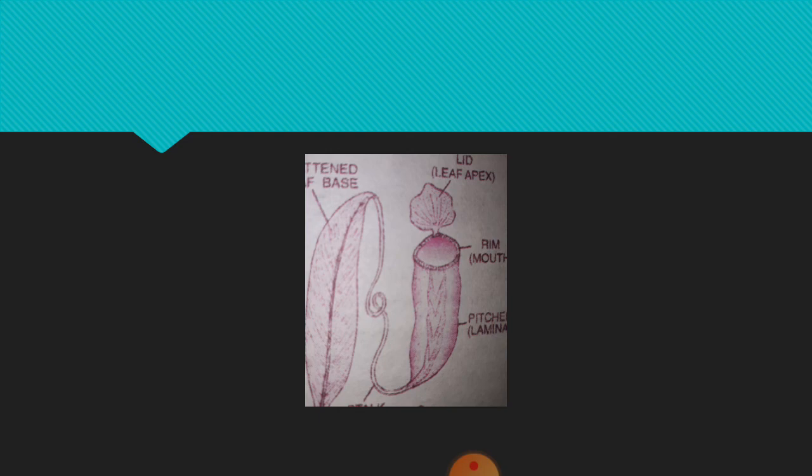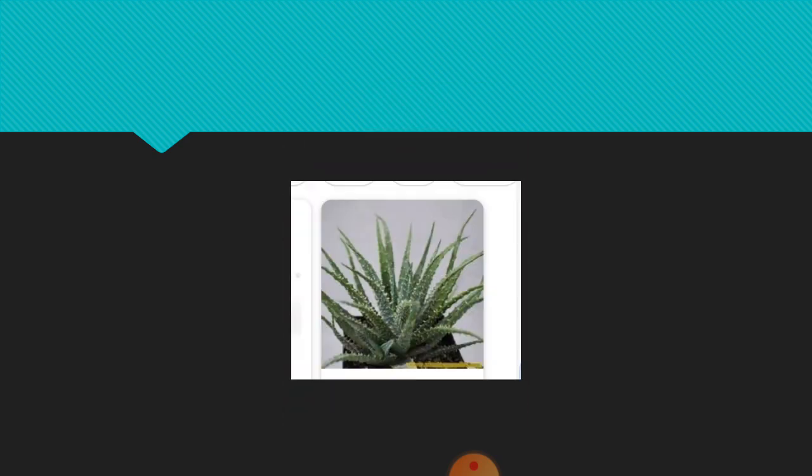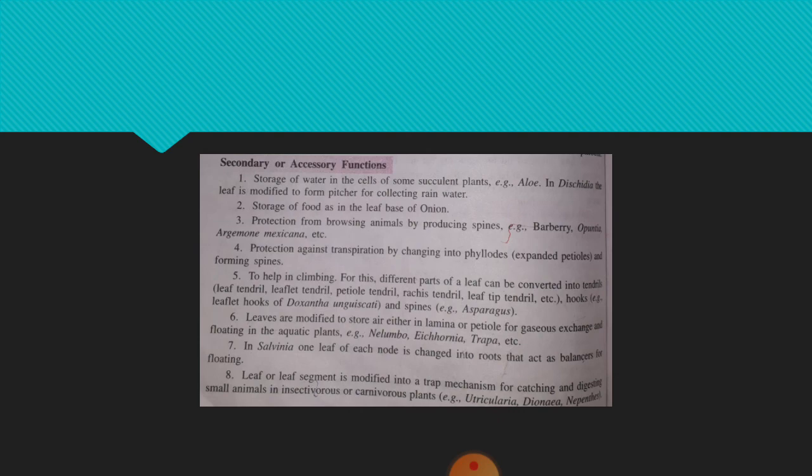Leaves are also modified to store air, either in the lamina or petiole, for gas exchange and floating in aquatic plants.